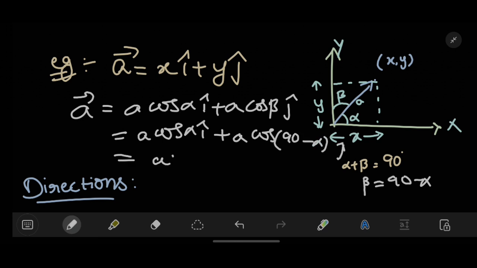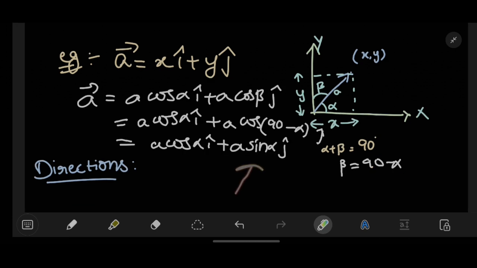Cos of 90 minus alpha is nothing but sin alpha, so a sin alpha j cap. In this way also we can represent it. Here a cos alpha is the horizontal or x component, and a sin alpha is simply the vertical or y component of a.